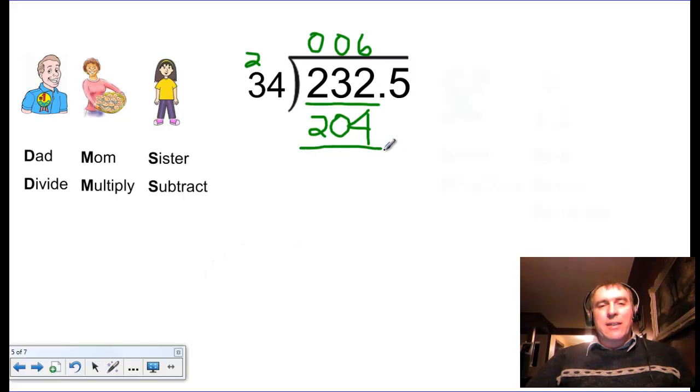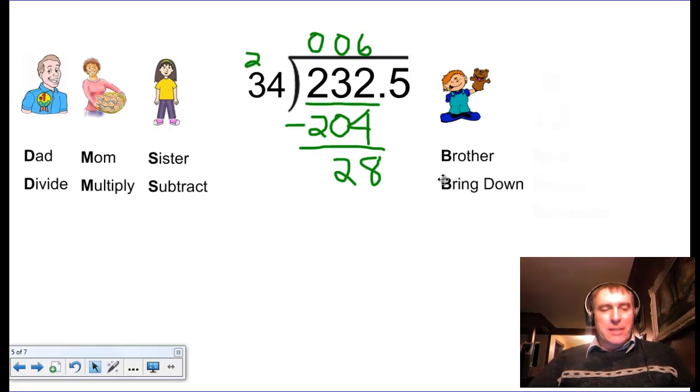So we subtract that number. We've got 8. We have 2. So it's 28. And when you've got 28 in the remainder and 34 in the divisor, then you're fine, because we're less down here. So then we go on to the next member of the family, and that, of course, is Brother, telling us to bring down.